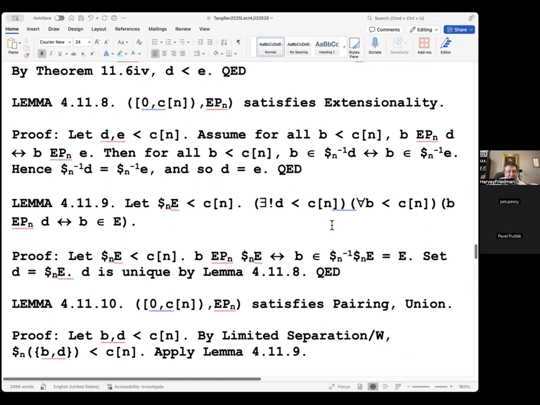You get extensionality. Now this is important. This is a little different. This says if E is constructed by level Cn, there's a unique D such that for every B less than Cn, B is a member of D if and only if B is in E. Yeah, this is a form of separation, almost.